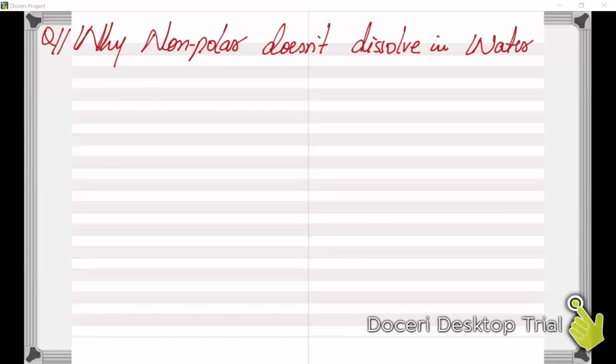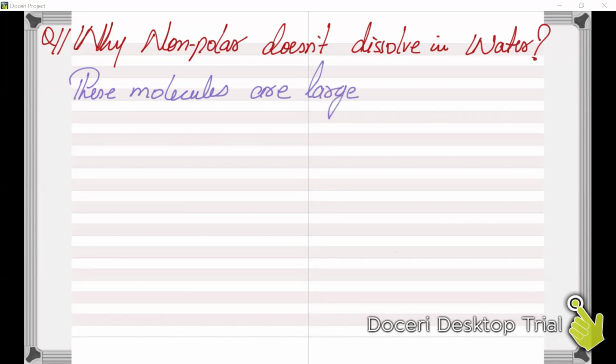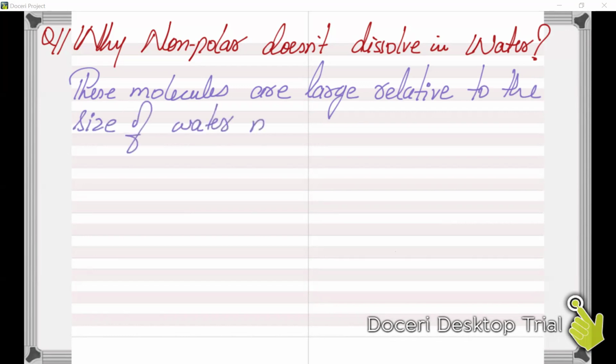So we can say that these molecules are large relative to the size of water molecules.